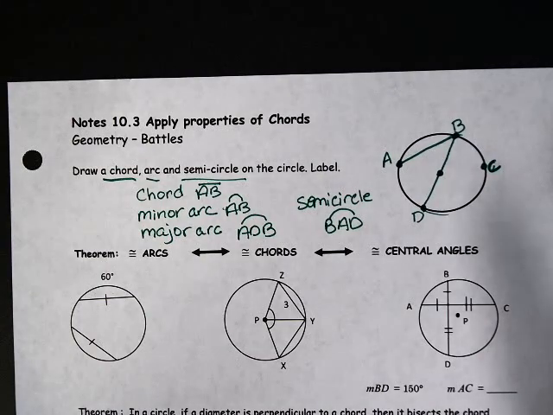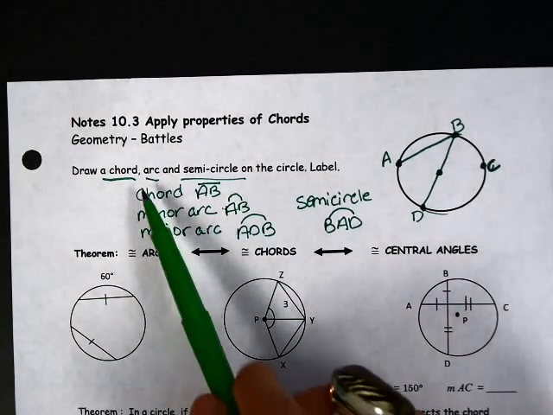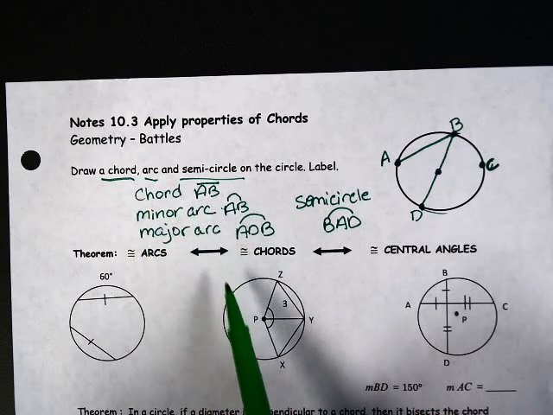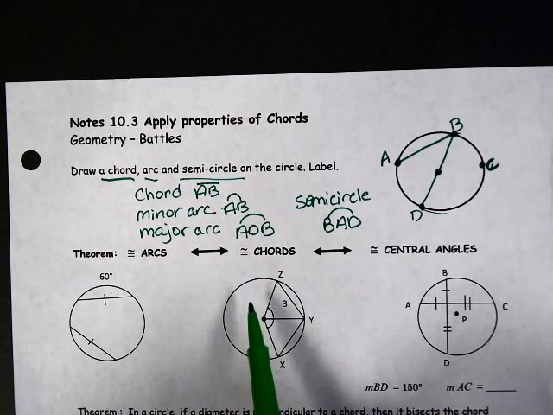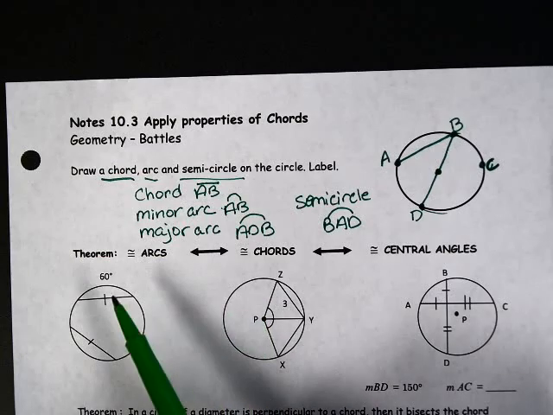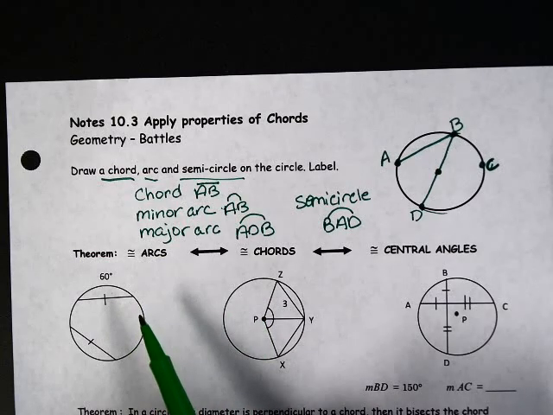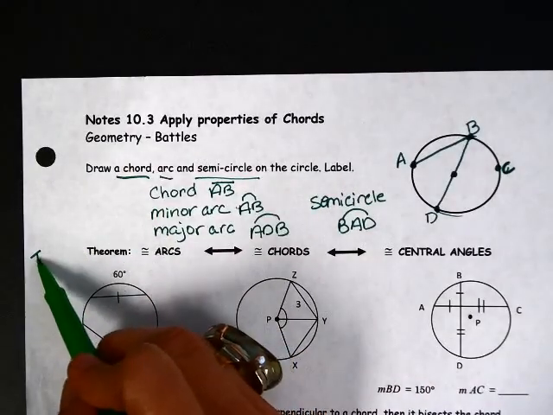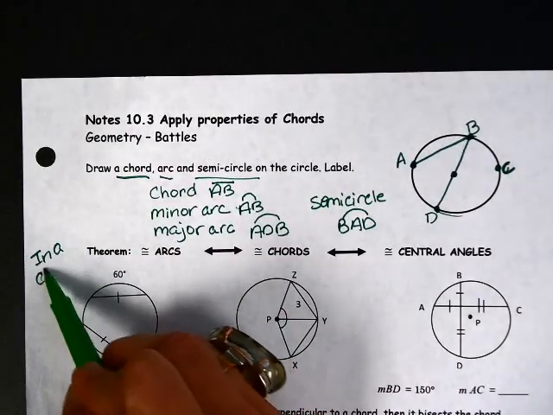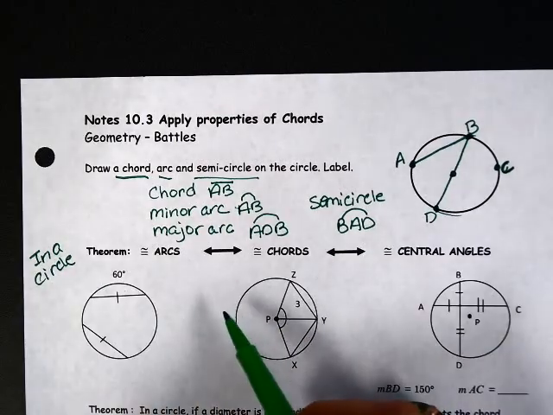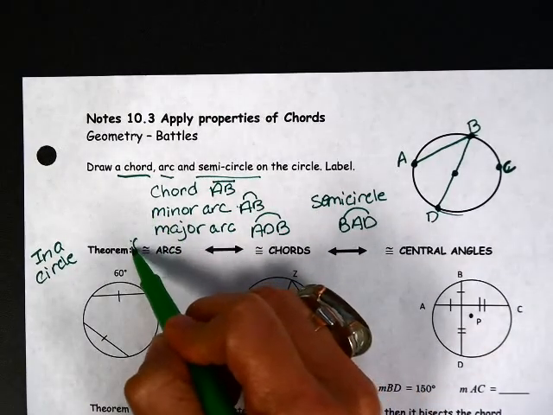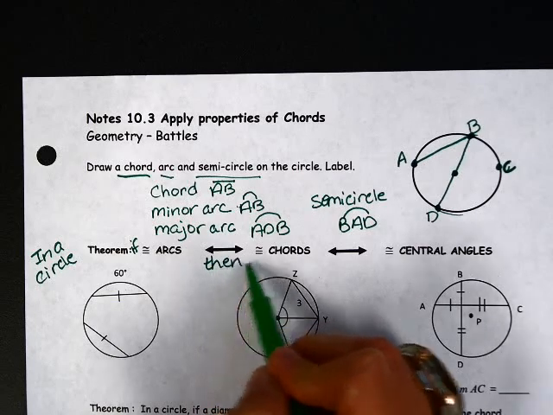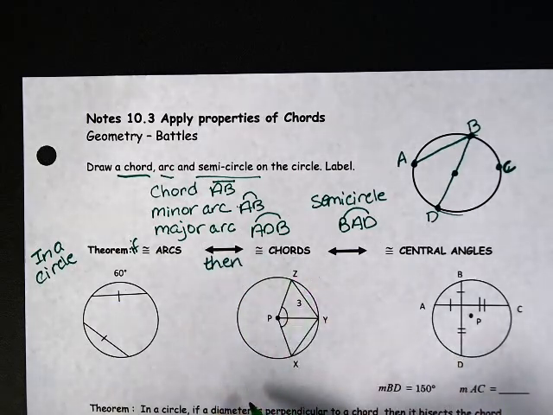All right, now, the reason we went through this vocabulary is because all of these chords and arcs have similarities whenever they're in the same circle. If you have, and this goes on to the next theorem, in a circle, if you have congruent arcs, then you have congruent chords.